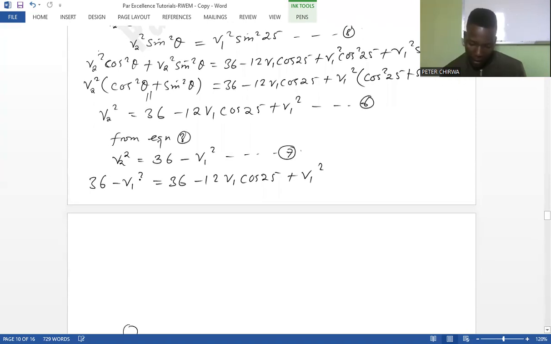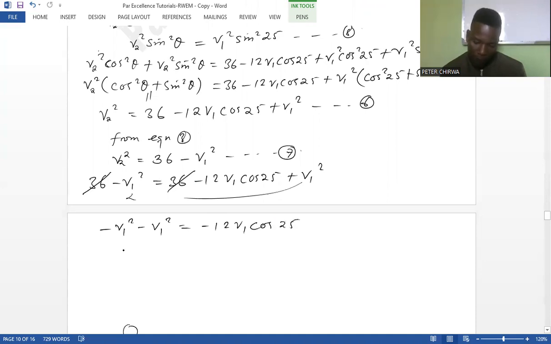And what I'm going to have now is that this 36 here is going to cancel with that. I take this to the other side, I'm going to have negative v1 squared minus v1 squared equal to negative 12 v1 cos 25. So I have negative 2 v1 squared equal to negative 12 v1 cos 25.